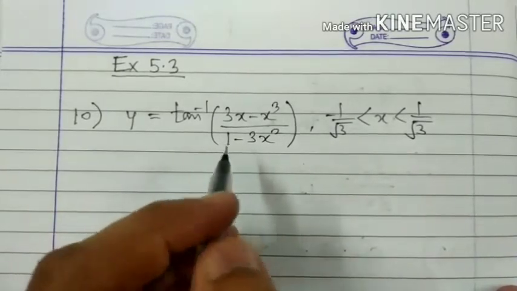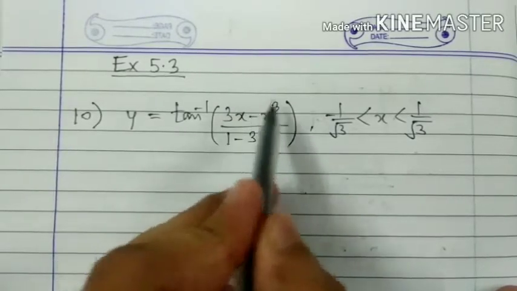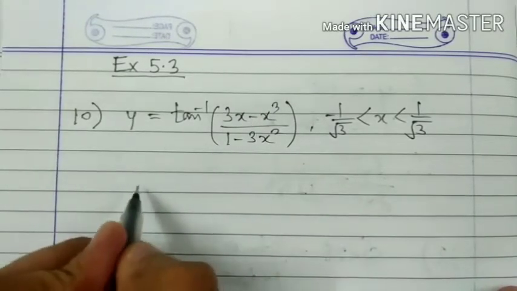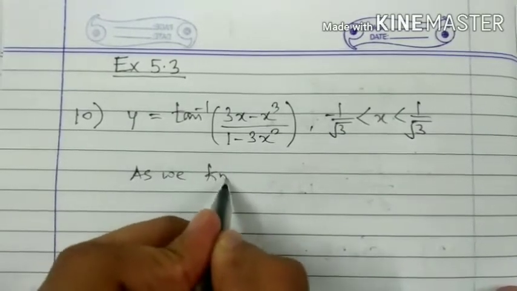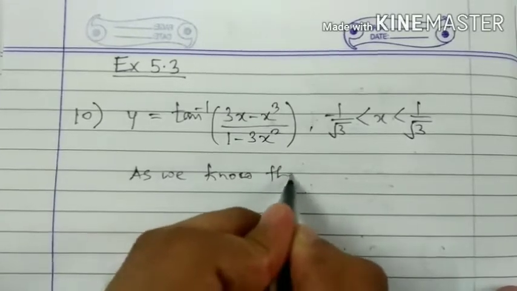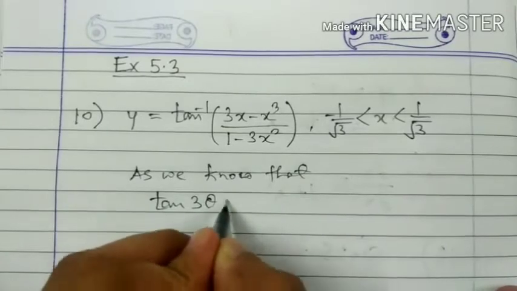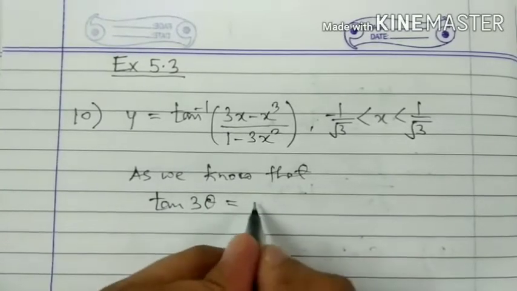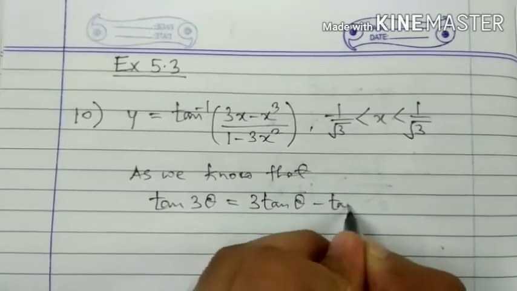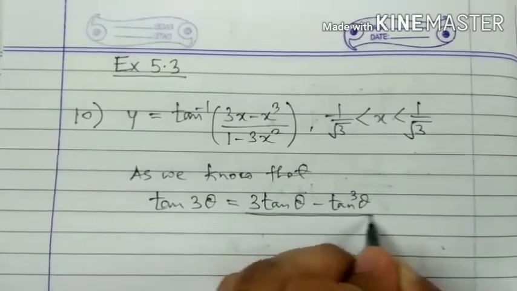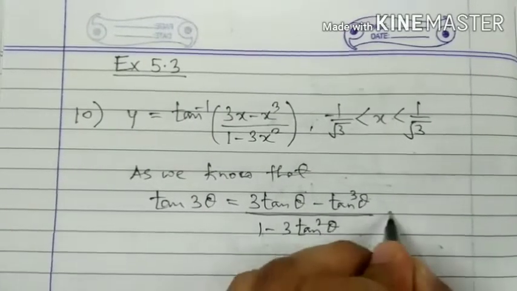Now for simplifying, here we can see that this term matches with formula, as we know that tan 3 theta equal to (3 tan theta minus tan cube theta) upon (1 minus 3 tan square theta).